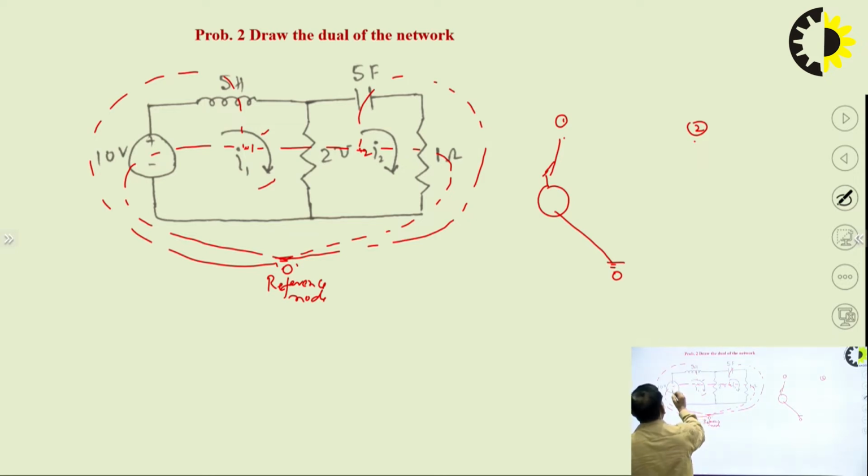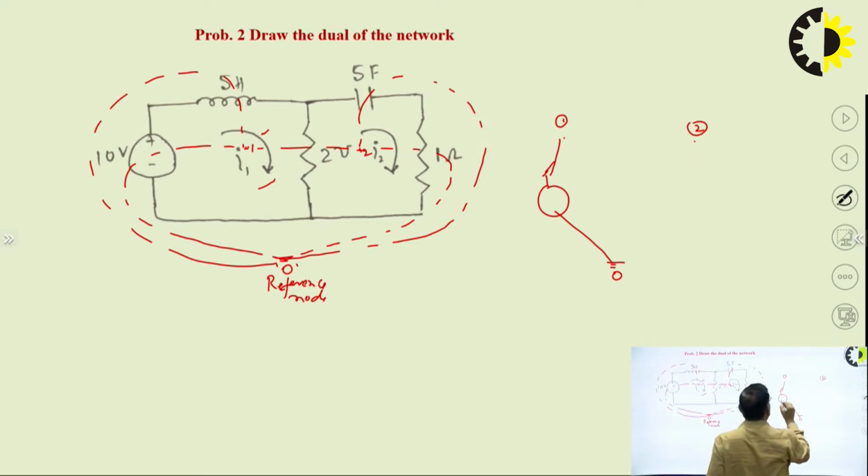That is, it is entering the negative terminal and leaving the positive terminal. So, this mesh current is supporting the polarity of this 10 volt voltage source. So, this current source in the dual network will be towards the node, of magnitude 10 ampere. So, towards node means this node.